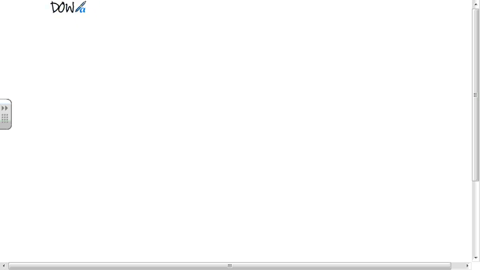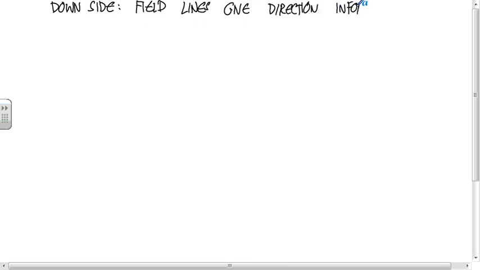So the downside is field lines give direction information, but no magnitude information.